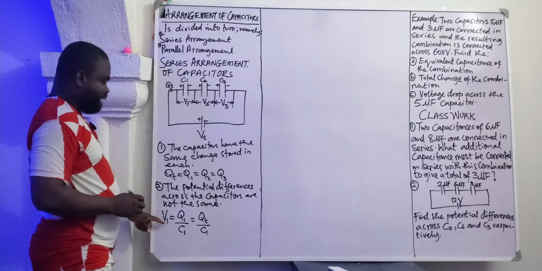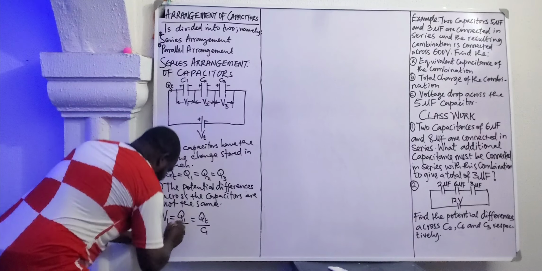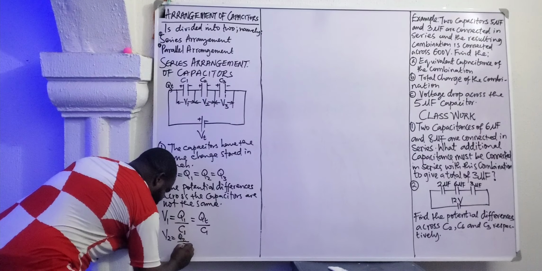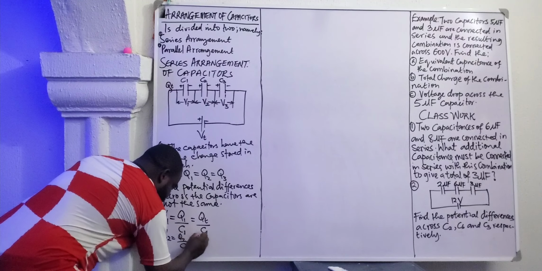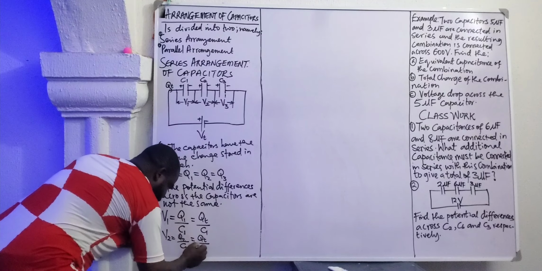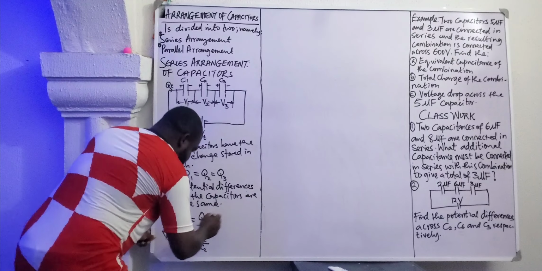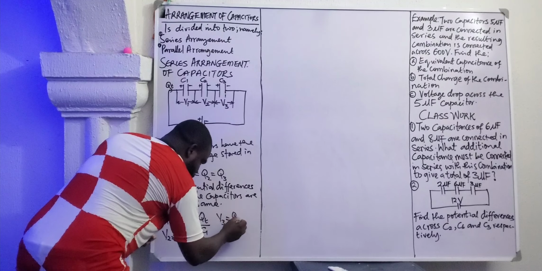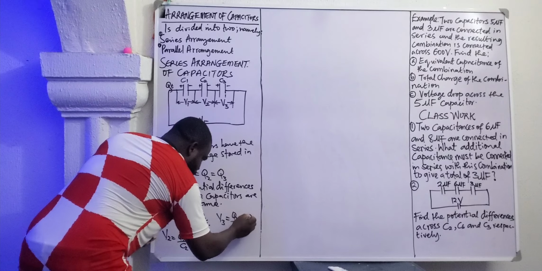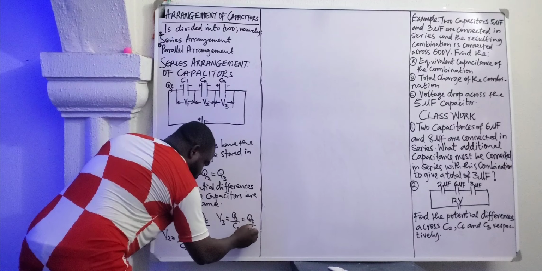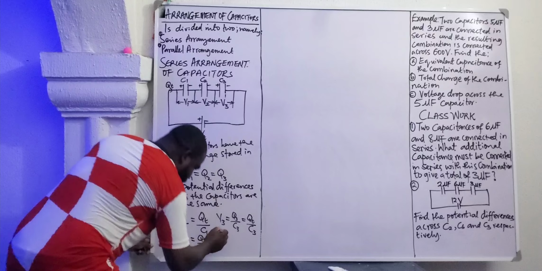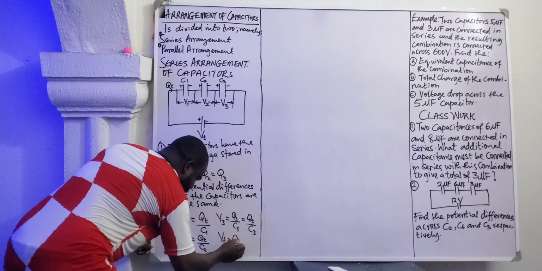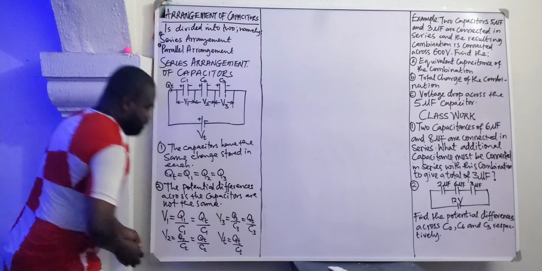This will give me the voltage drop across the first capacitor. Likewise, V2 will be Q2 over C2, and I replace Q2 with QT, being the same, over C2. Then V3 is equal to Q3 over C3, which is QT over C3.